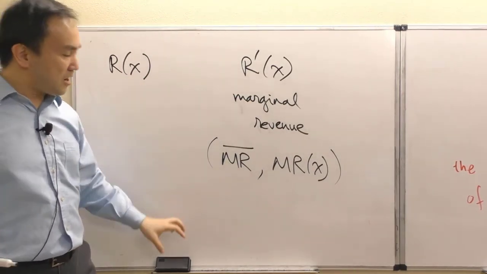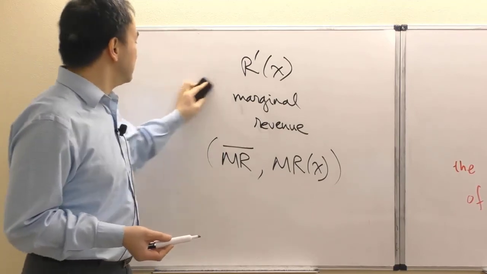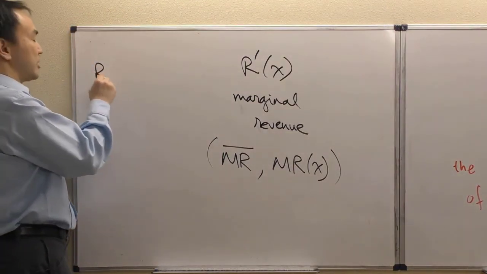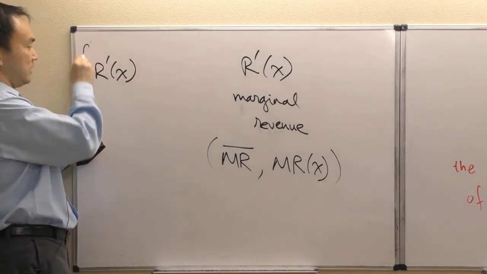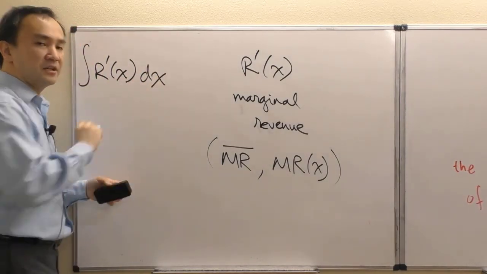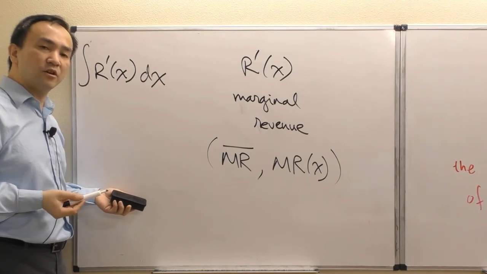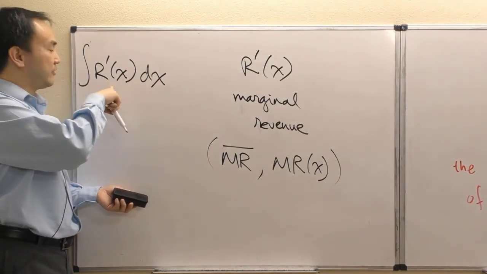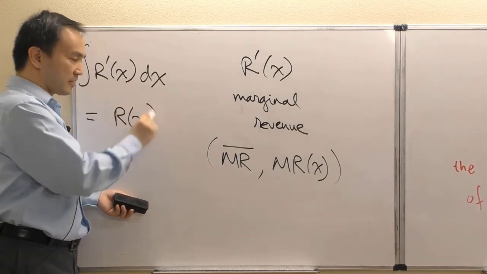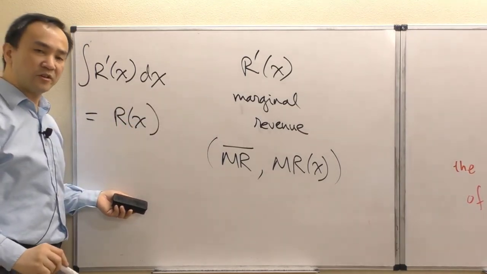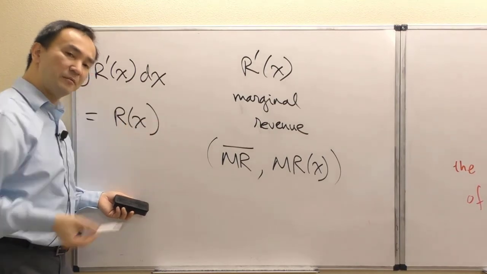So if we know our marginal revenue, we can simply take the indefinite integral, the antiderivative, of our marginal revenue. That will arrive us at our actual revenue function to model the revenue of your business.